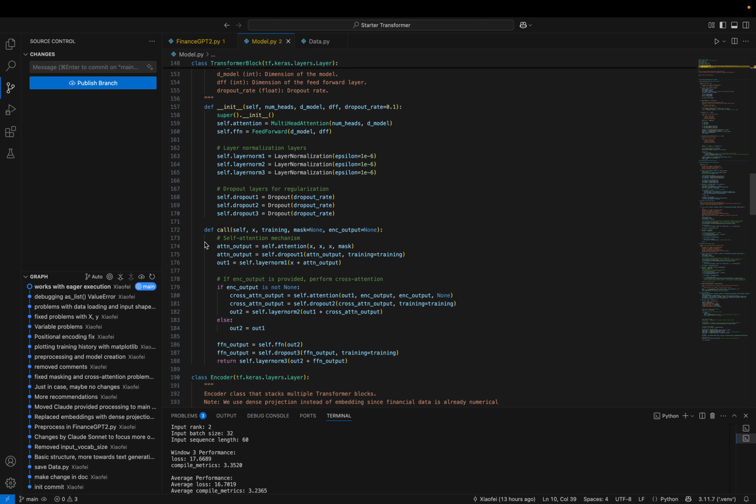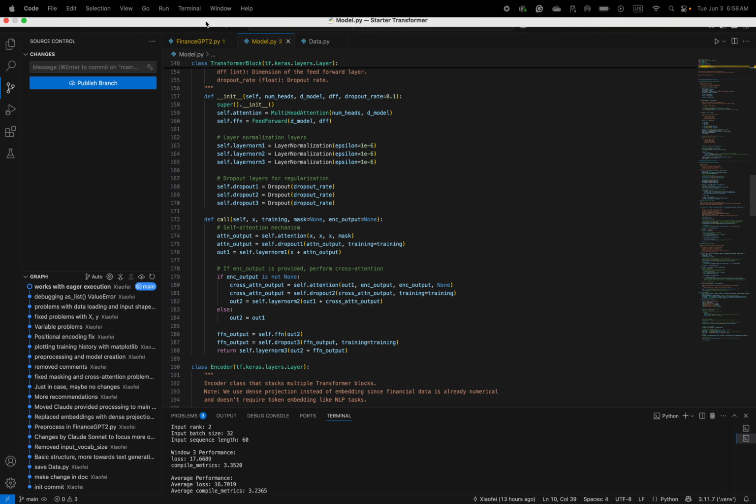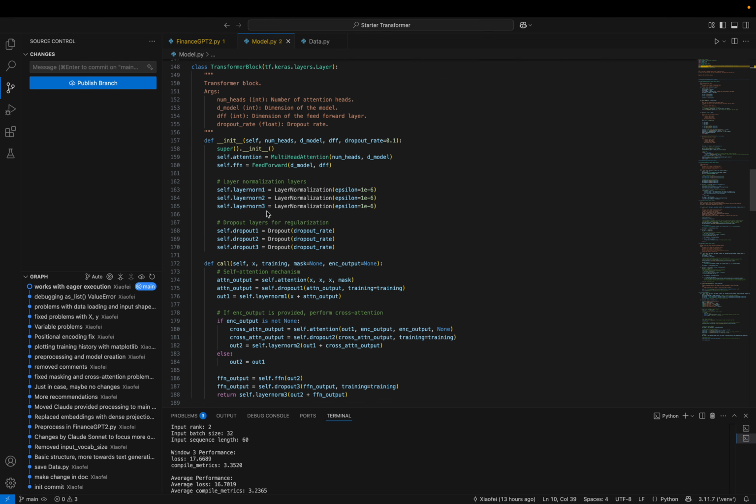Then it adds it to the self attention score, and it's passed through the feed-forward network, then normalized. Sorry. That's basically it for the model.